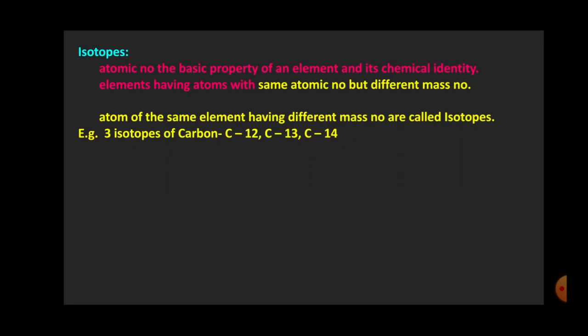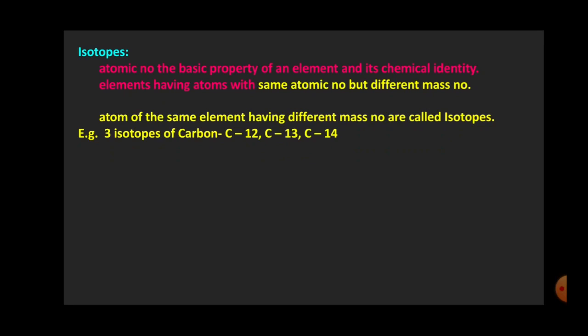Just to revise, atomic number is equal to the number of protons or the number of electrons. Then what is the atomic mass number? Try to recollect, students. Atomic mass number is the number of nucleons. And what is a nucleon? A nucleon is the total of protons and neutrons present in the nucleus. So, the number of protons and neutrons is the atomic mass number.